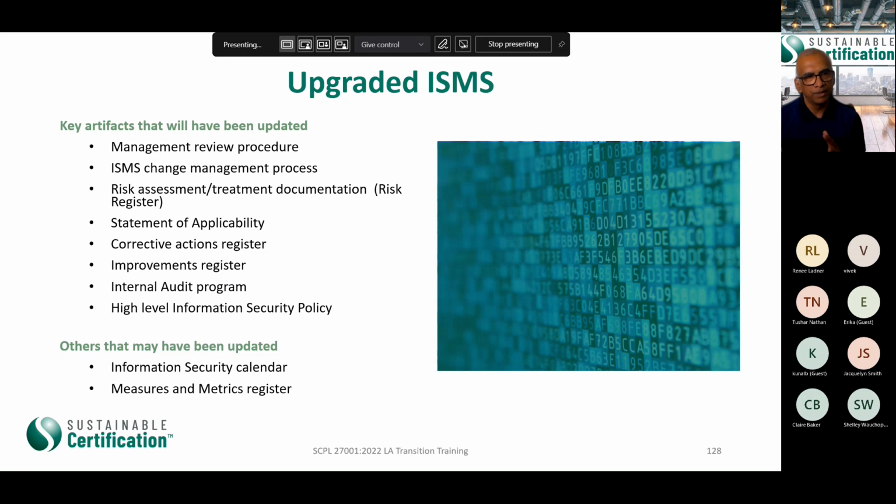Corrective action register, again, because all these are linked together, because any non-conformity or any incident, if you link it to some risk and the corrective action or the action plan for improvement, you are linking it with, again, risk, because it's all a risk-based approach.